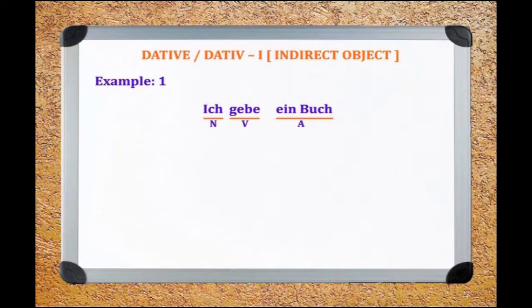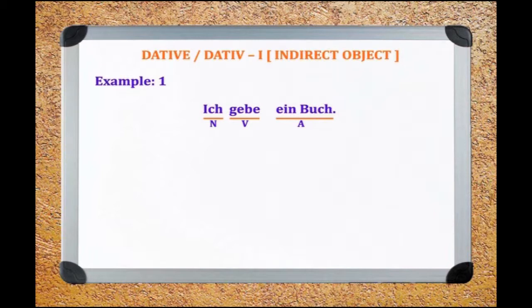That is the dative, which as you can see here is the Kind, which you know is child. Before the noun Kind, we have a word called dem, which is the dative article, as we call it.